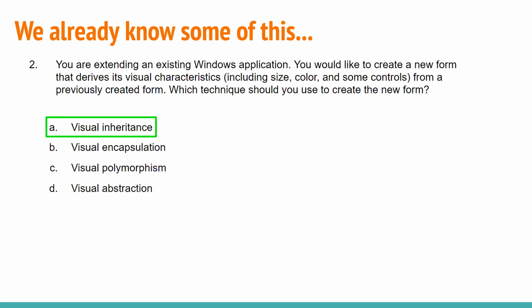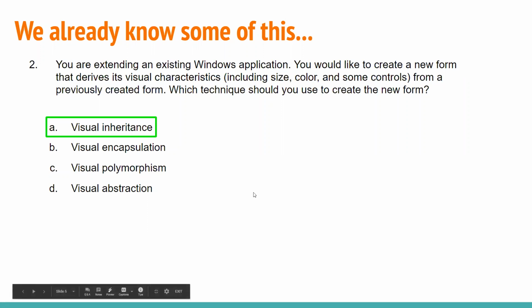But the point is, you can see that this is probably inheritance. Why? Because it says derives visual characteristics. If it said slightly modify visual characteristics, then it might be like polymorphism. Or if it says protect or hide away something like that, you might say encapsulation, right? In fact, the only thing that matters is visual inheritance. These other 3 are kind of irrelevant, but the point is that, yeah, you guys get it.